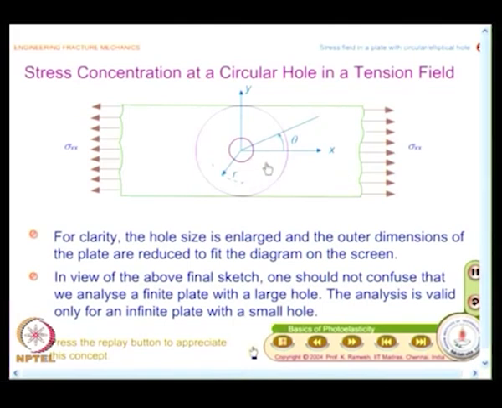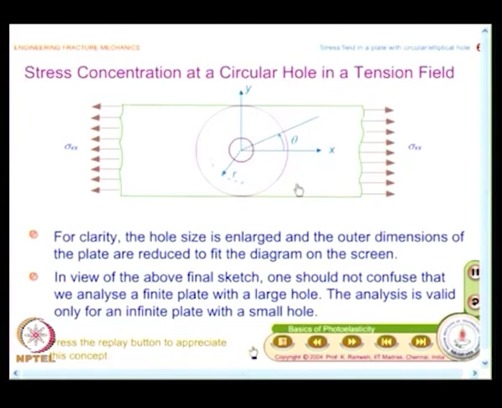They think that this solution is directly applicable. Because of space constraint, you have this. You have to imagine that the boundaries are at far away distances from the hole dimension.